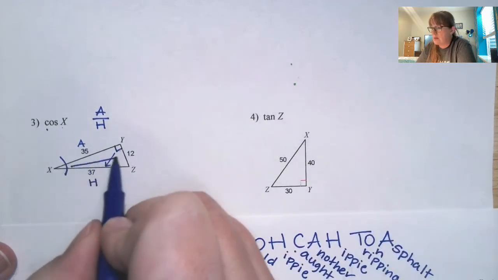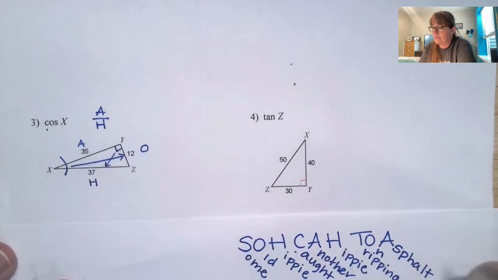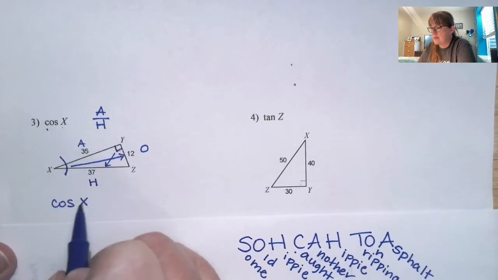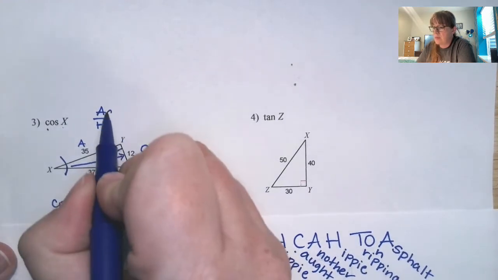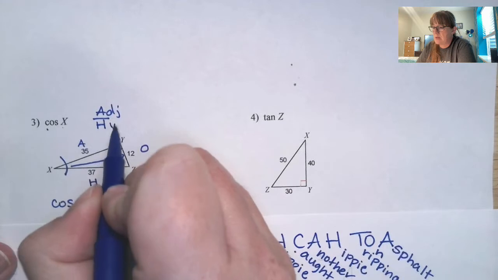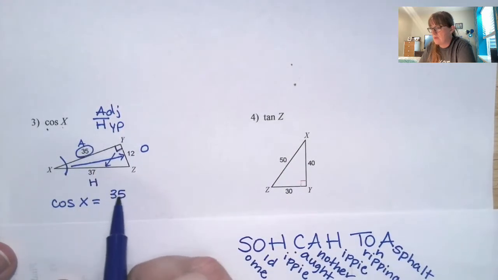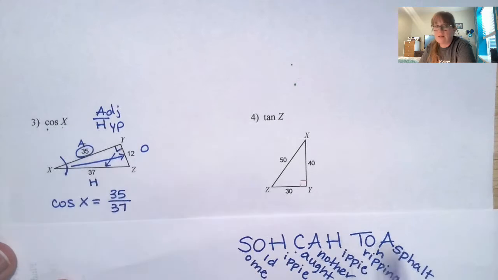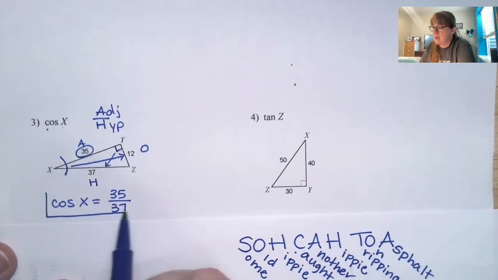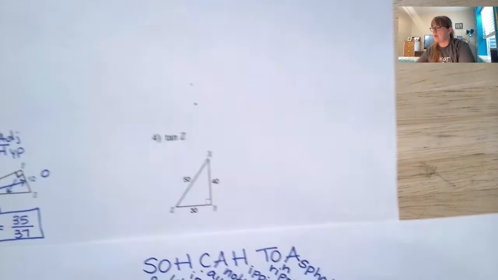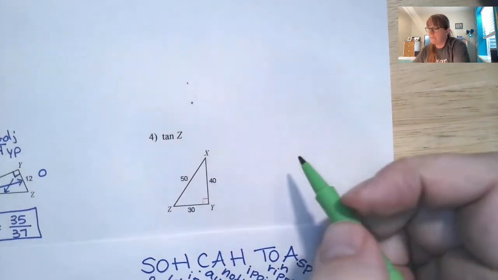And then this is going to be our O. Talking about cosine, so we're going to say cosine of x equals, remember that means adjacent over hypotenuse. So the adjacent side is 35. Hypotenuse side is 37. And that's it. It just wants us to find the ratios. That's it. Okay. One last one.